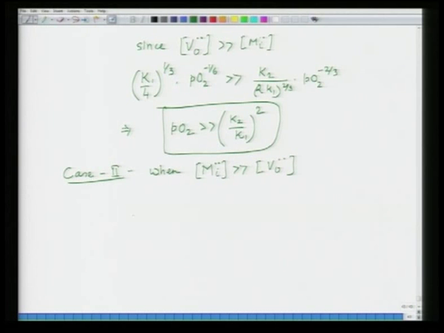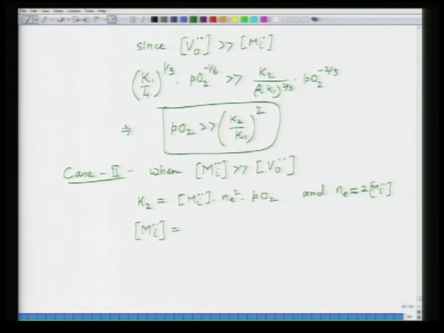So, first we will calculate what is Mi now. So, from reaction 2 we know K2 was equal to Mi multiplied by Ne square into PO2. So, Mi now will be equal to, and under such a condition Ne will be equal to 2 of Mi, okay, because it is much larger than VO.